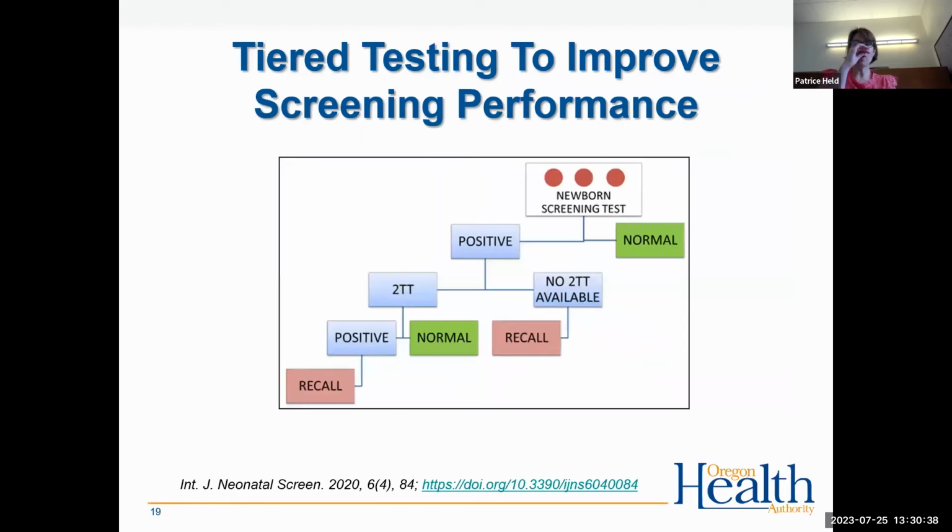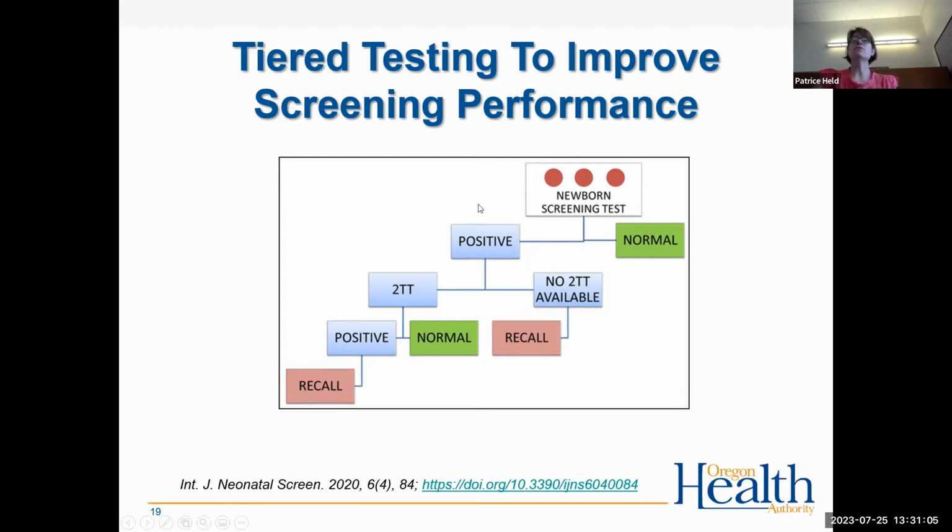One of the ways that we have helped improve our performance is through the use of multiple tiers of testing. We might perform a first tier test to take the whole population and narrow it down to identify those that are at risk, separating those that screen positive from those that screen negative.